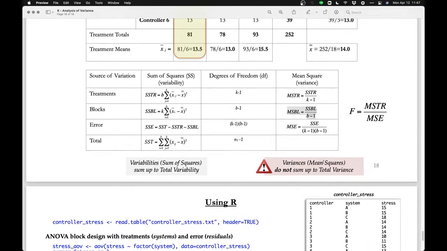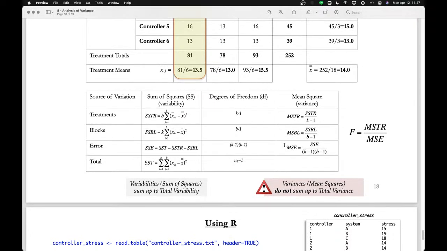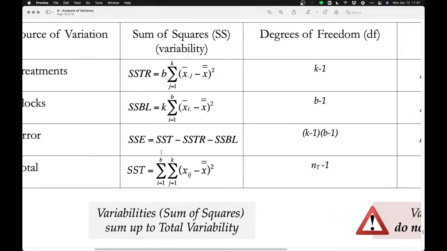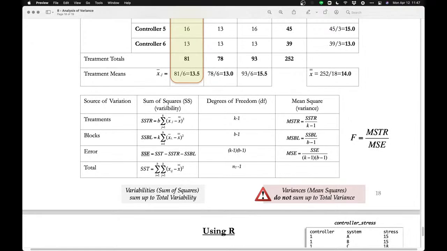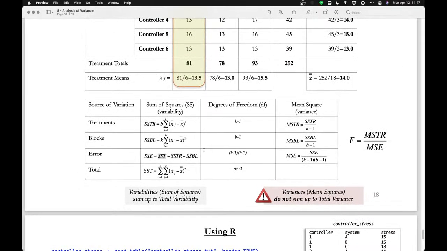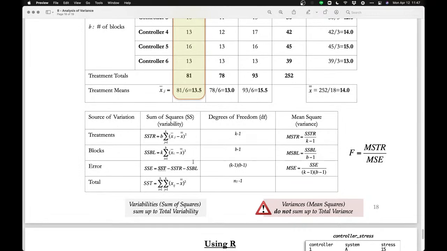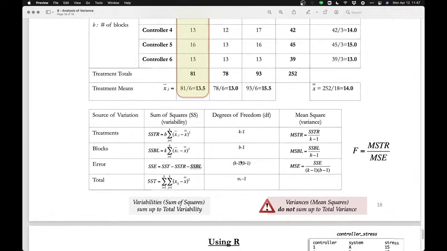And then we can do a couple of interesting F-tests. Oh, and by the way, the error variability will simply be computed as the total variability minus the variability of the treatments minus the variability of the blocks.